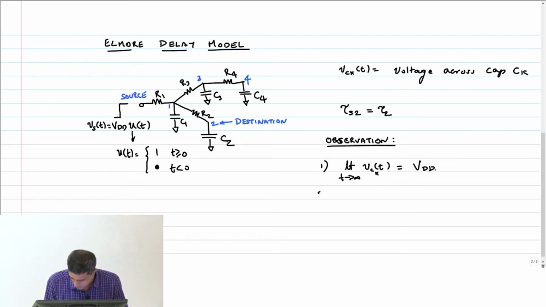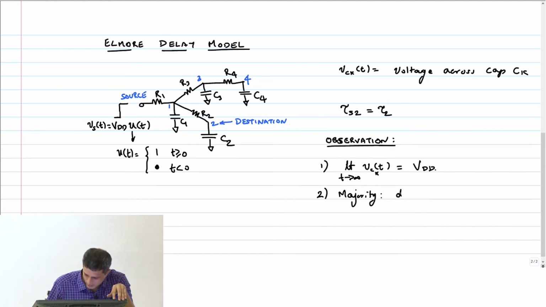Now, do you think the delay to node 2 will depend on C3 or C4? How many yes, how many no? Yes, it will depend on C3. Okay, so the majority seems to say tau 2 is not dependent on C3 or C4.